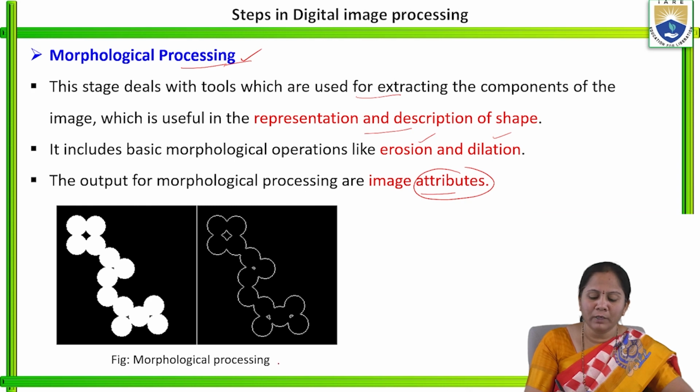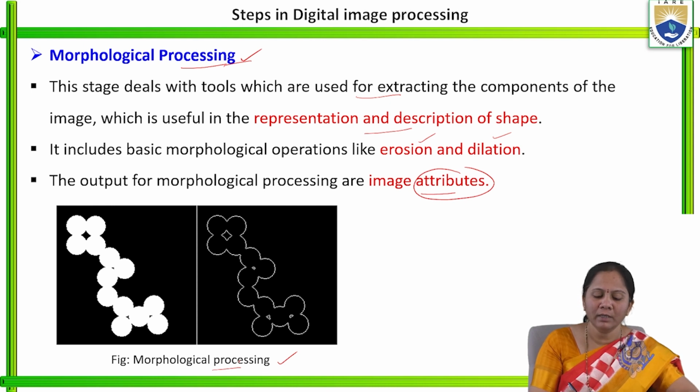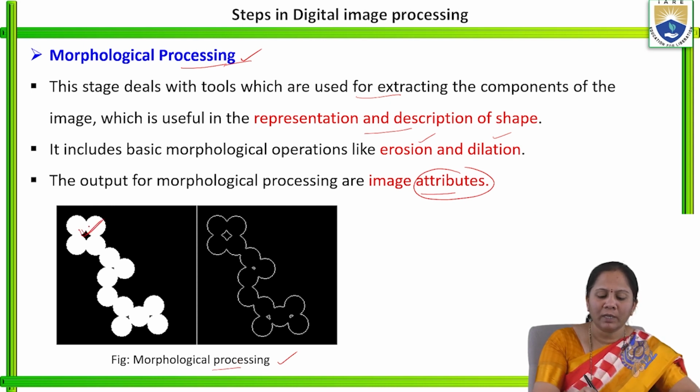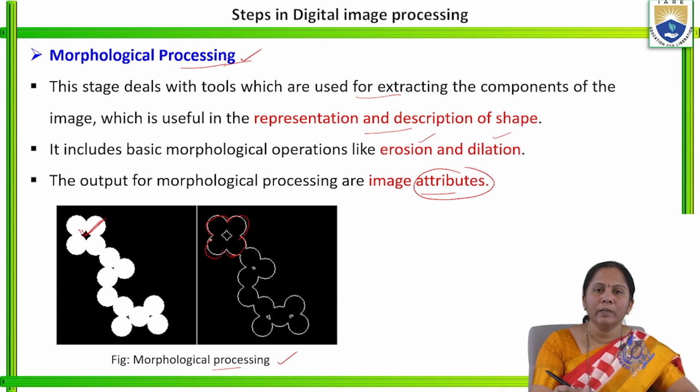For example, this image shows how morphological processing happens. If you give such an input image, in the output image only the shape of that particular input image will be extracted. It is going to represent the shape of the input image.